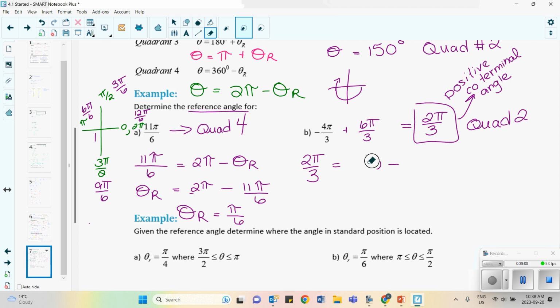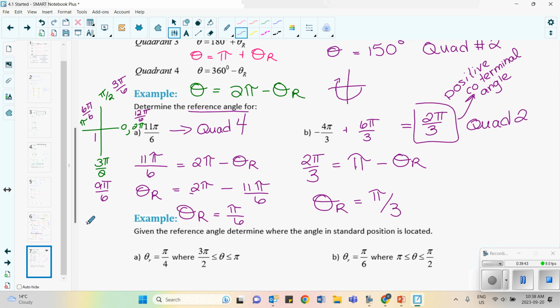That's not helpful. I'm in radians, so it's going to be pi minus theta reference. Can you solve that in your head? What would this be with a common denominator? 3 pi over 3. I'm going to be subtracting 2 pi from that. So theta reference is pi over 3.